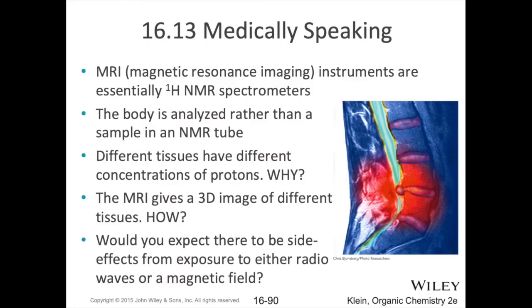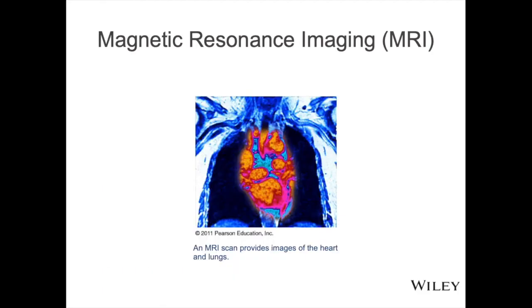Here with MRI, you're dealing with a magnetic field and radio pulses, which, remember, radio waves are all the way at the lower energy end of the electromagnetic spectrum, right? So definitely not harmful stuff. So you can run MRIs and get tons of very useful data. So here are a couple of slides I've actually stolen from my Chem 103 lecture.